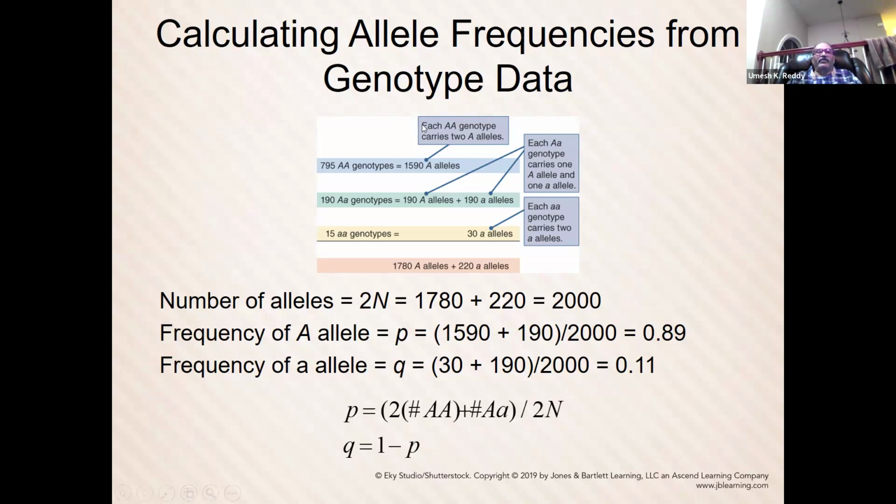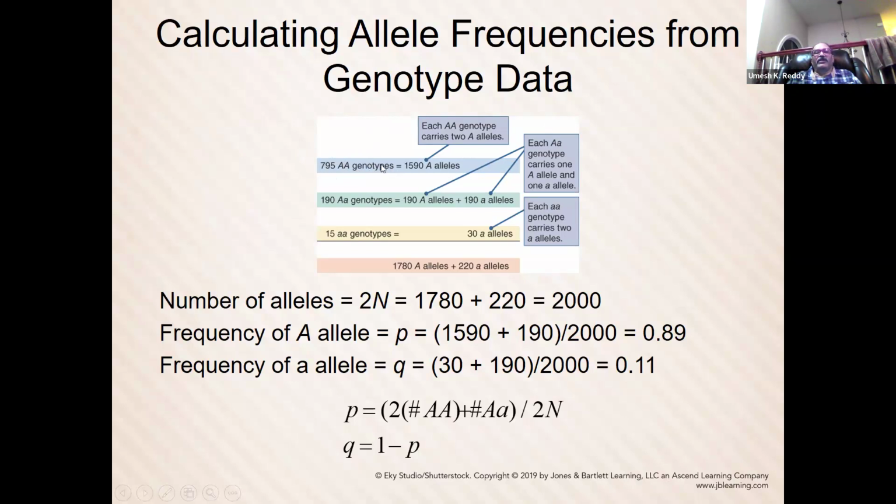So for normal people in France, they took the data of 1,000 people. Of these 1,000 people, 795 had the capital A genotype, in the sense that they will make perfect chemokine receptor. They can get infected with HIV and become AIDS patients, because there is a receptor, and the virus can get into their genomes.